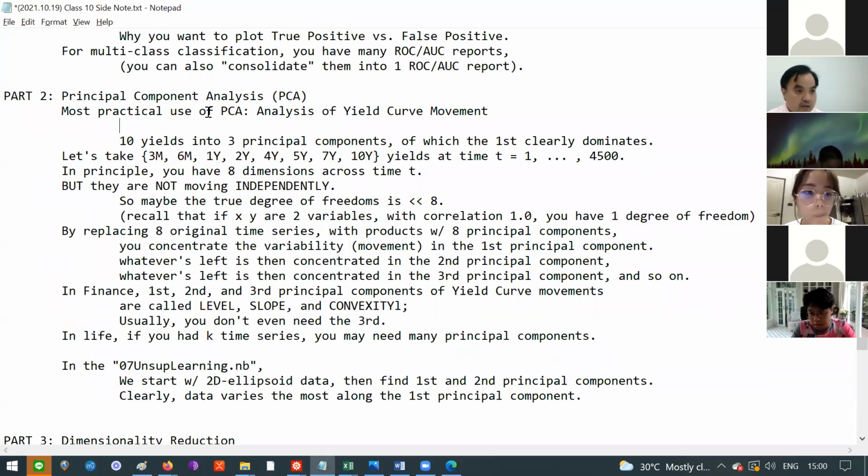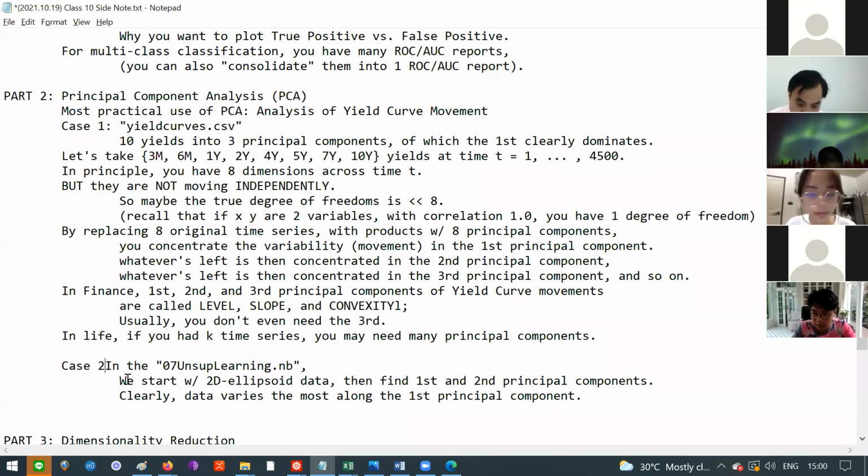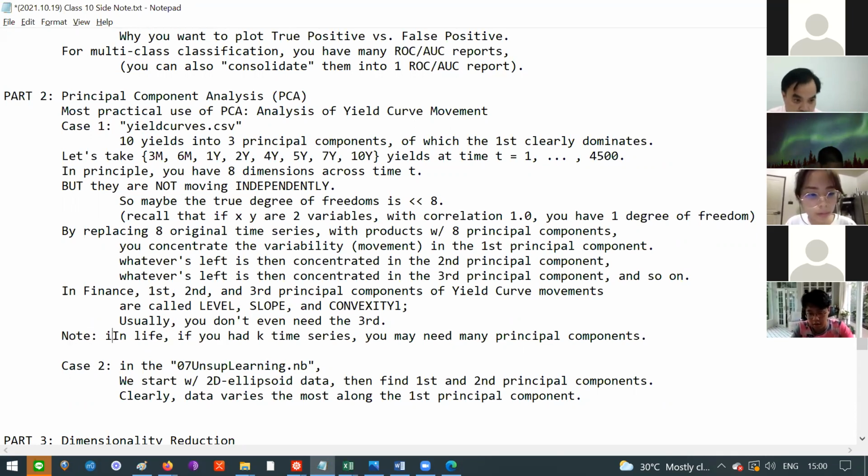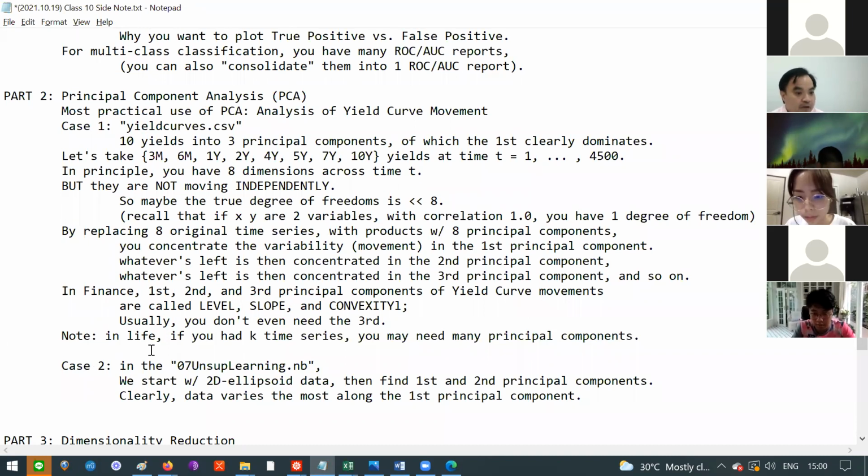S1. And then case. So I have 2 cases. Okay, so that's it. That's principal component.